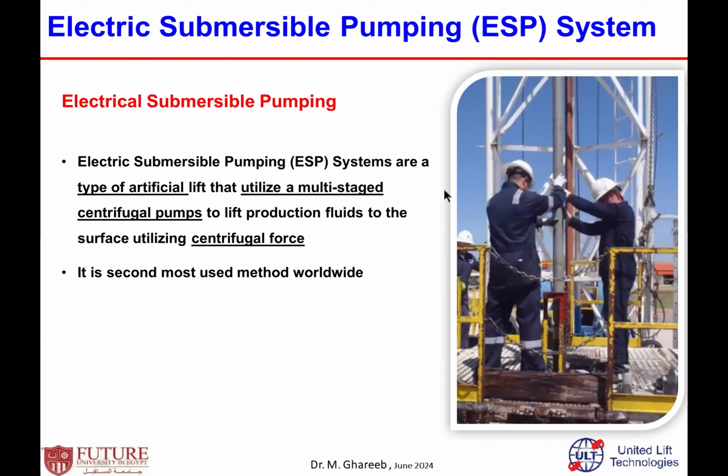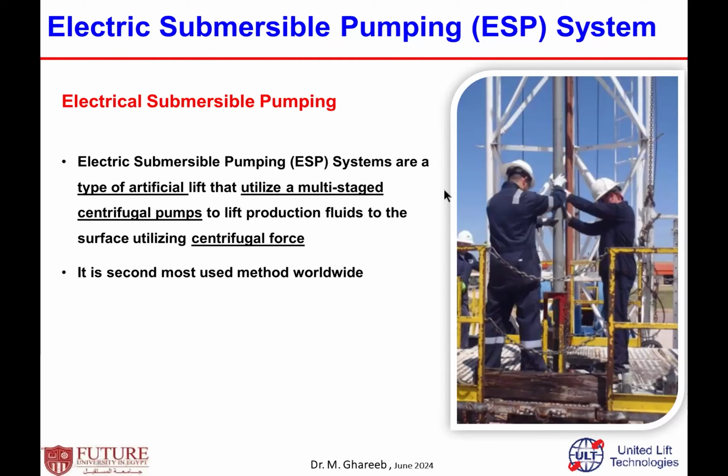The ESP is considered the second most used artificial lift system worldwide. But if we ask which common artificial lift is first by volume of production, ESP comes first, because usually ESP is used for high volume wells.